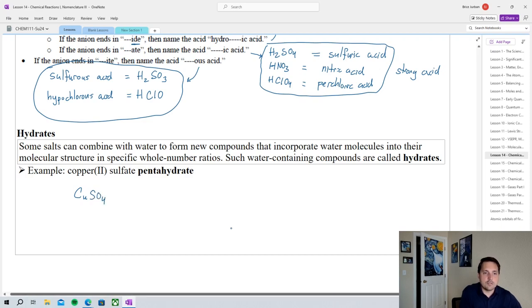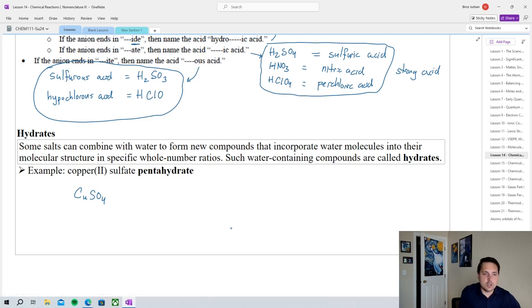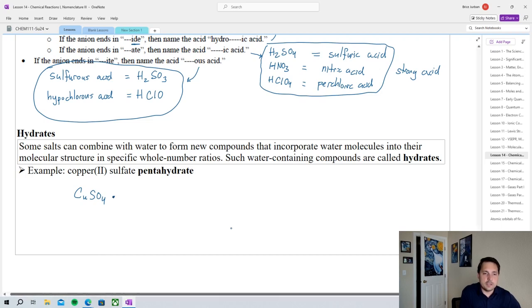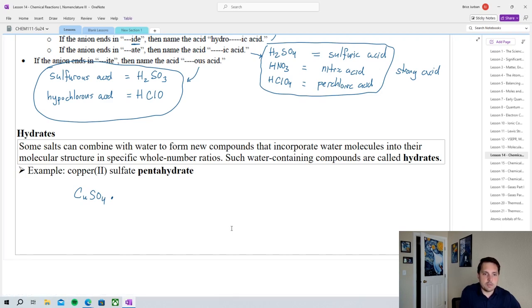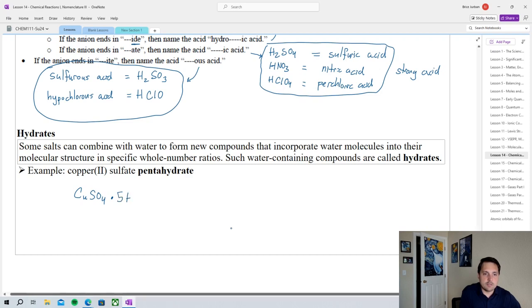So copper 2 sulfate is CuSO4. We don't need any subscripts there. We'll put the dot symbol, or bullet symbol. This indicates that it's a hydrate, and pentahydrate would be 5. So then we just write 5H2O.